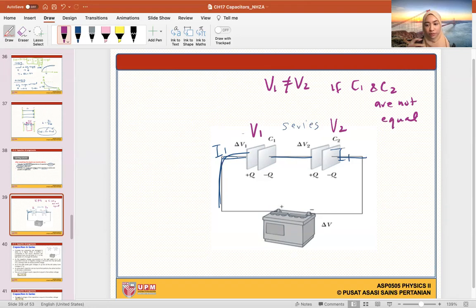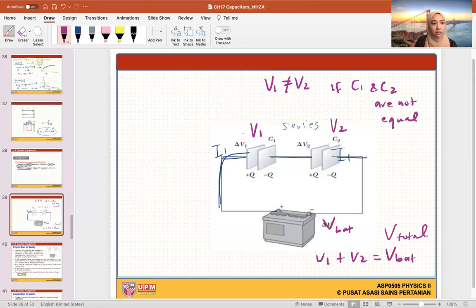V1 and V2 are not the same if C1 and C2 are not equal. But V1 plus V2 must be equal to this V battery. What is V battery? V battery is actually V total. Okay, this is for series.